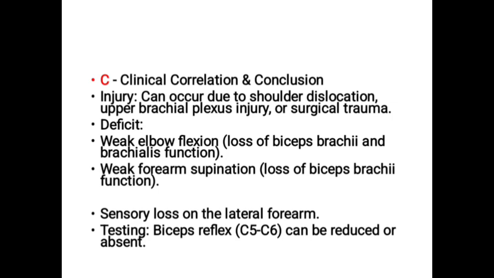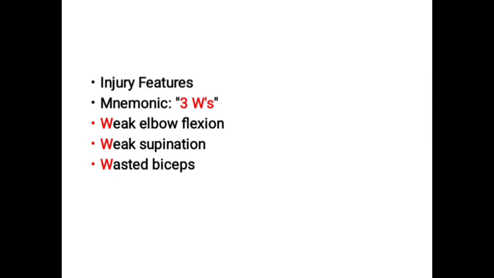Weak elbow flexion is the loss of biceps brachii and brachialis function, and weak forearm supination is the loss of biceps brachii function. There is also sensory loss of the lateral forearm, and reduced biceps reflexes because of the loss of musculocutaneous nerve function.